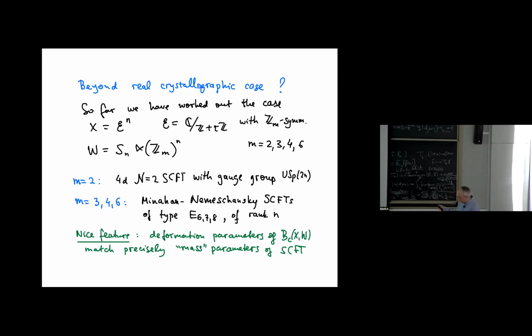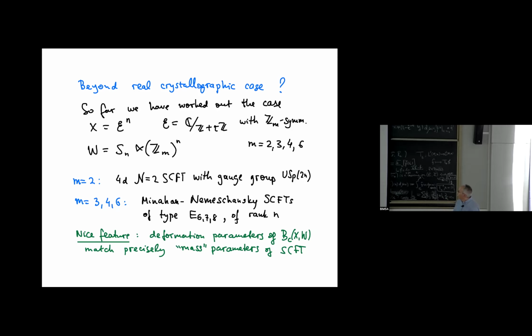That's our project, and so far we know the answer in the case when you take X to be a product of n copies of an elliptic curve, where the elliptic curve has a symmetry: a cyclic group of order M acting on E. Due to a well-known elementary geometric result, these roots of unity act as rotations, and the lattice cannot have rotations unless they have order 2, 3, 4, or 6. And so these are the possibilities.